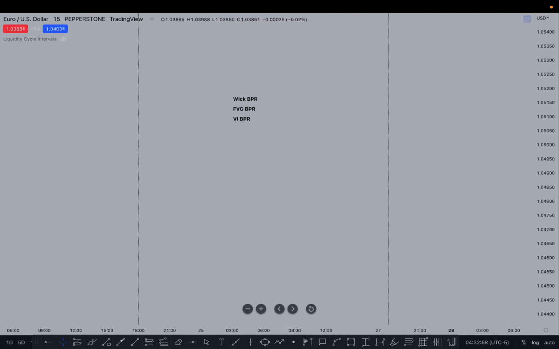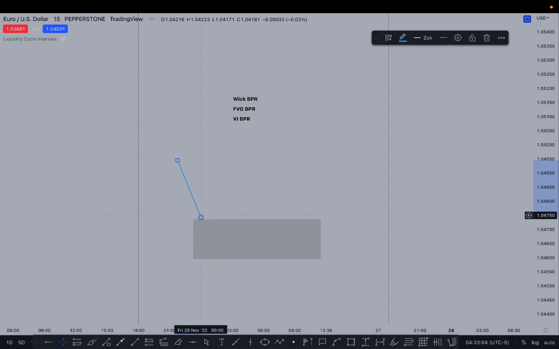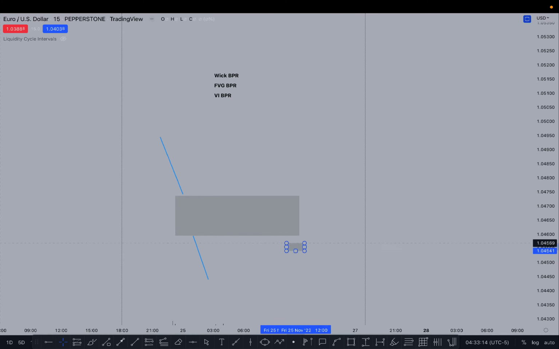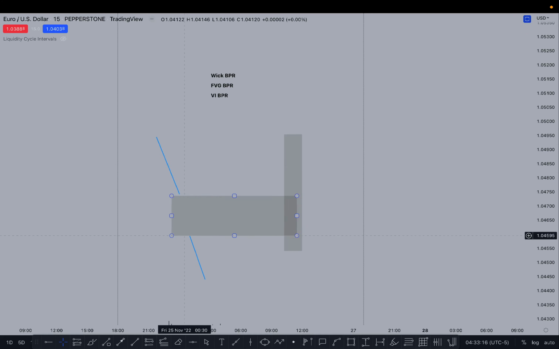So now, for example, let's say we have a fair value gap here on the left side. Price is going down and we are forming a gap here. Now the balanced price range itself is going to be a candle here that overlaps this one, and it creates another bigger fair value gap that's bullish.